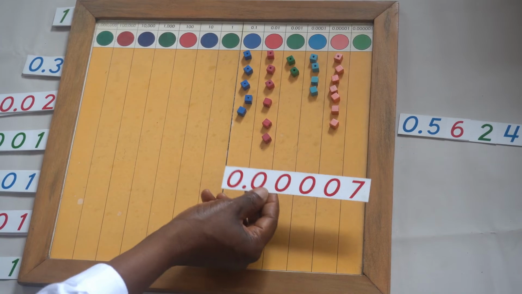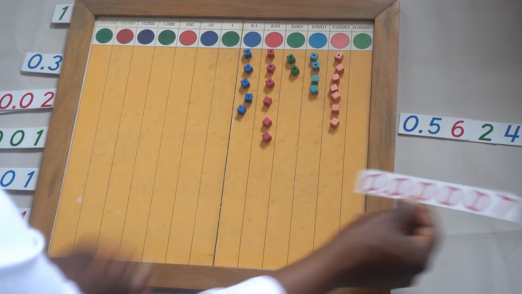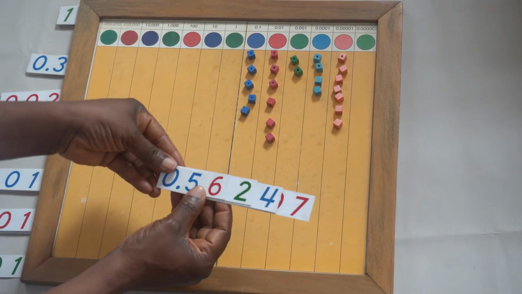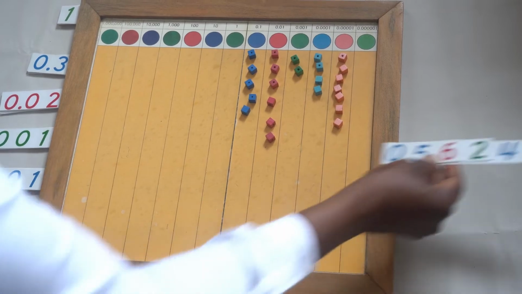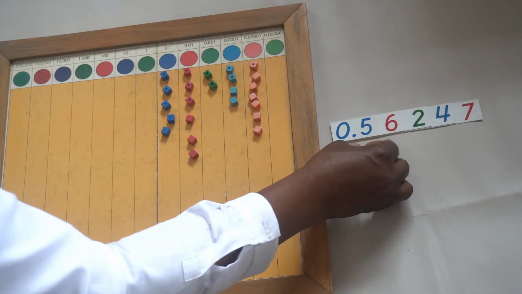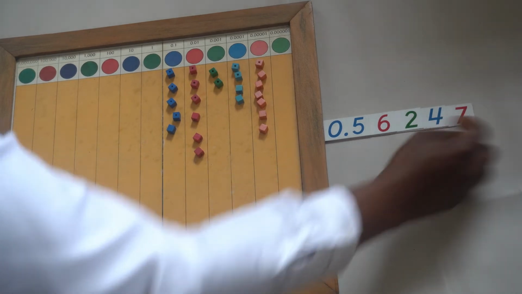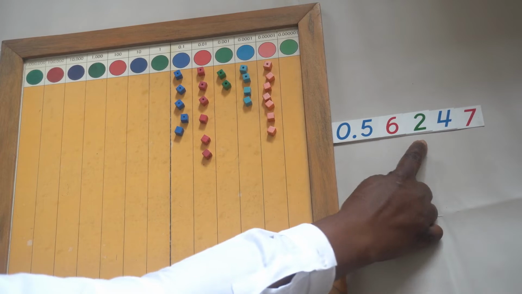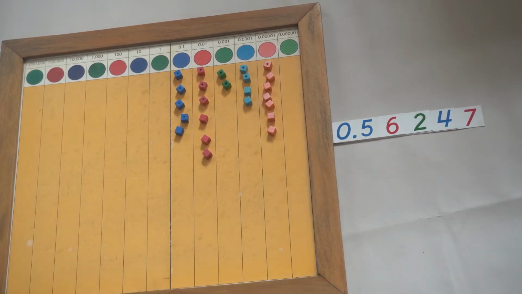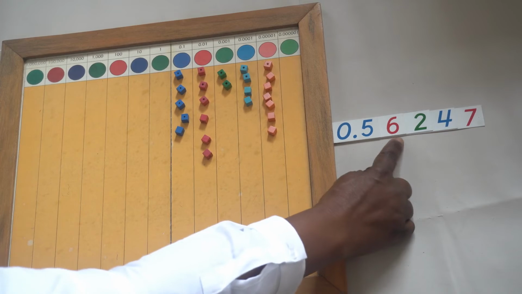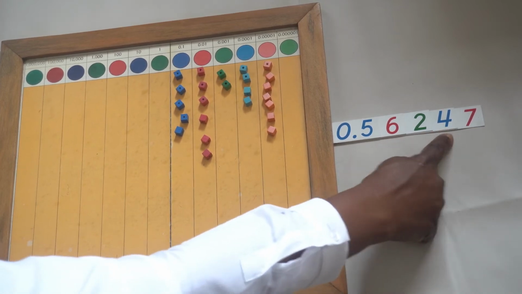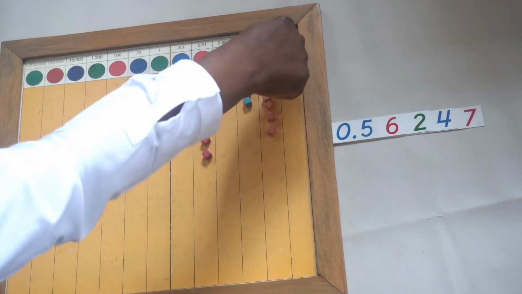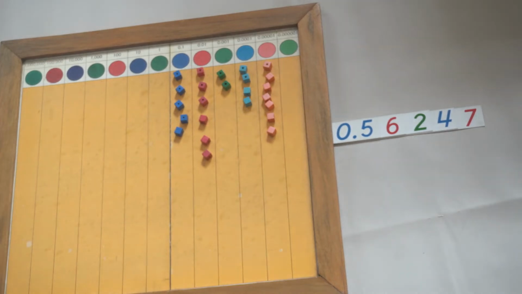So this is 7 hundred thousandths to represent this quantity. Add that to it. So how do I read this number? 56,247 hundred thousandths.